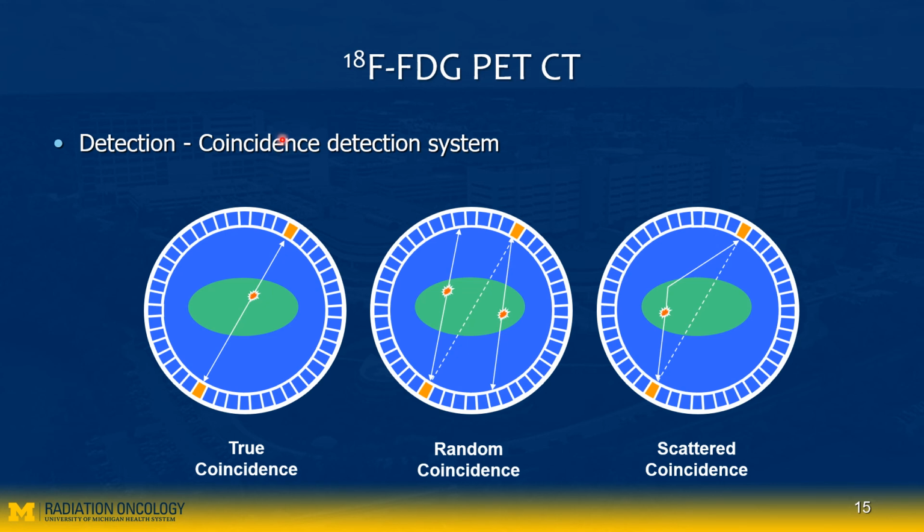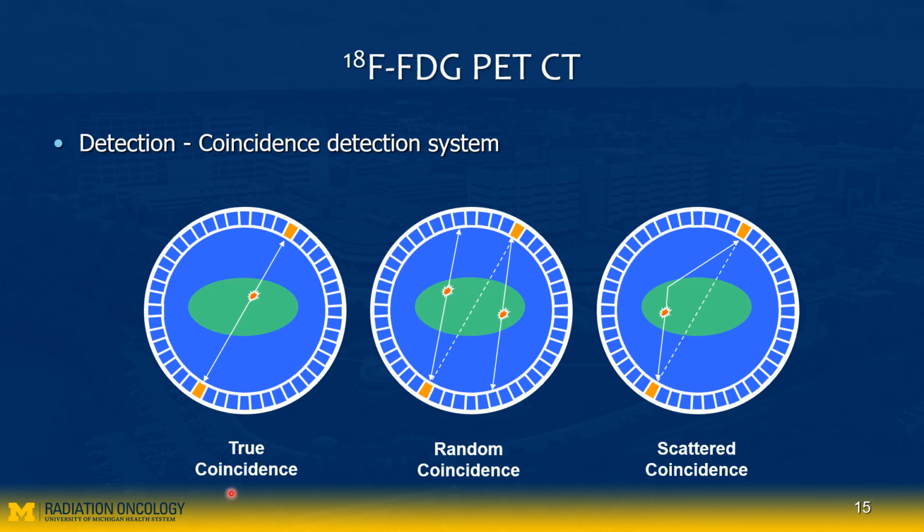That detection can be tricky. In this example, the ideal situation is an event where two photons travel in opposite directions, and then you get a true coincidence.